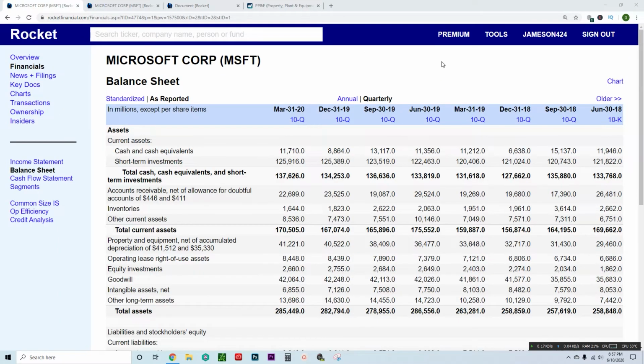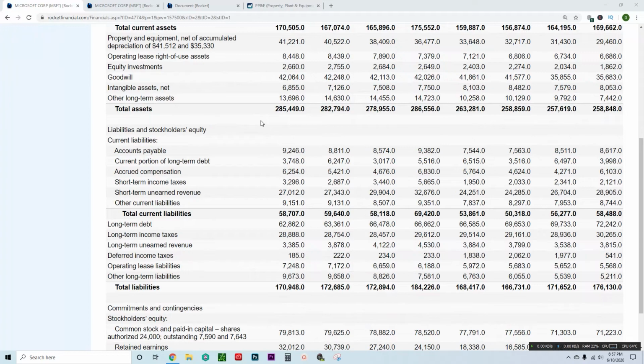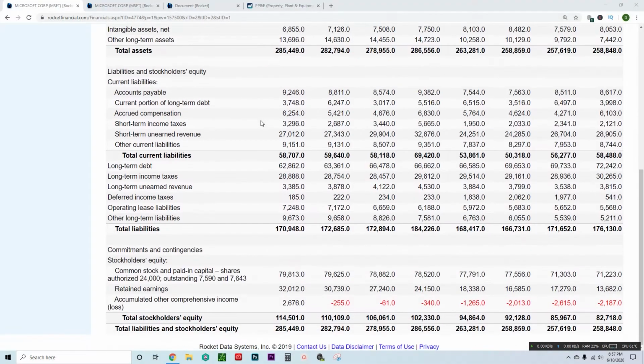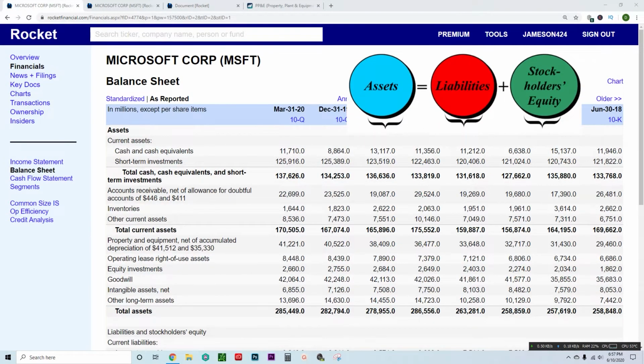If you look at the balance sheet, it is actually broken down into three sections. You have assets, you have liabilities, and you have stockholders' equity. The accounting equation is that assets equals liabilities plus shareholders' equity, or stockholders' equity, and those things have to balance.